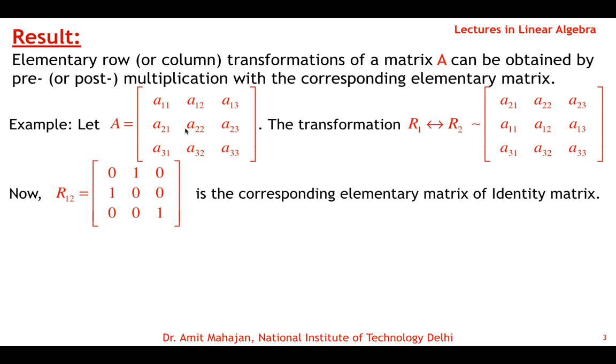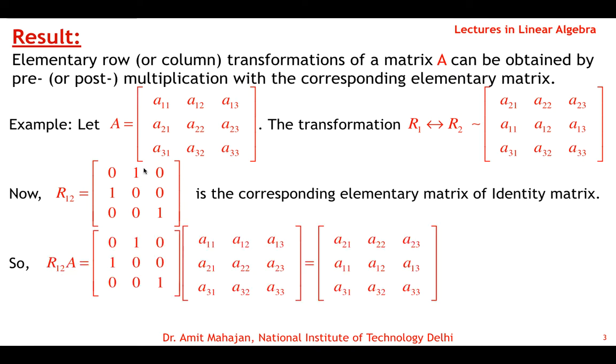Now this says that whatever transformation you apply on A, the result can be obtained by pre-multiplication of the corresponding elementary matrix. That means if I multiply this matrix R12 to A, in fact pre-multiply, so if I calculate R12 times A, it will give me the same matrix which I have calculated by the interchange of rows of matrix A. That means this matrix multiplied with the original A matrix, the result will be that row 1 and row 2 of the matrix A will be interchanged.